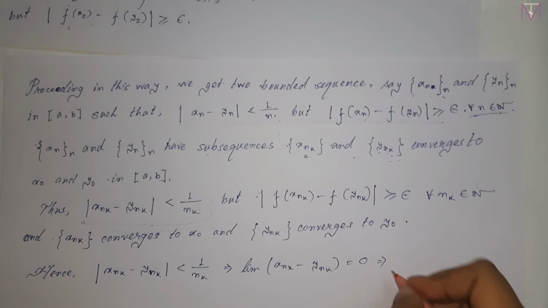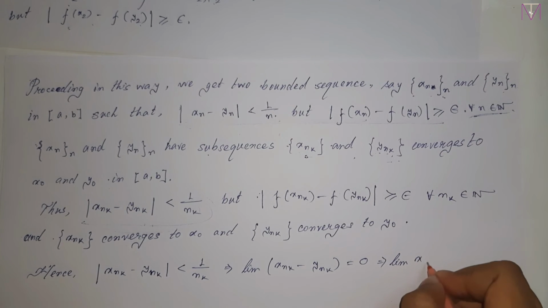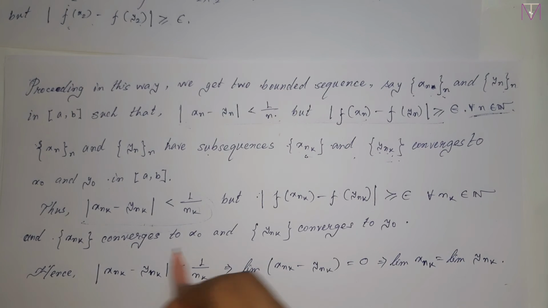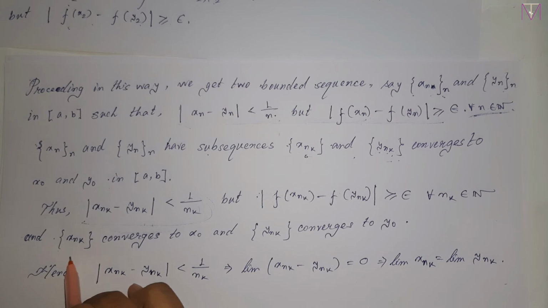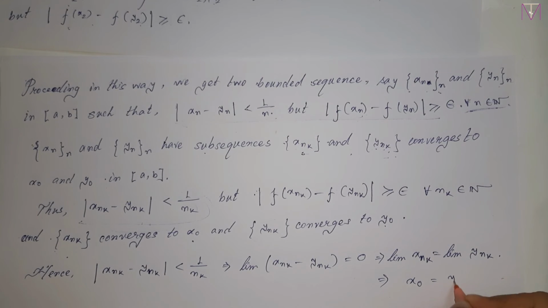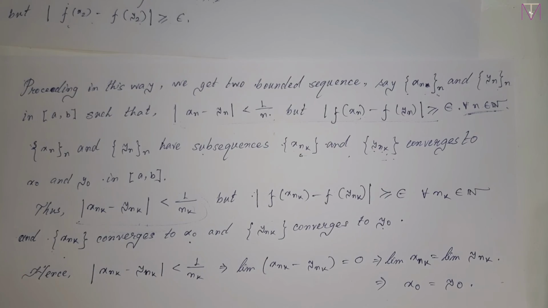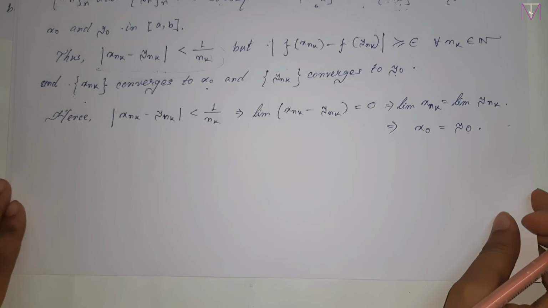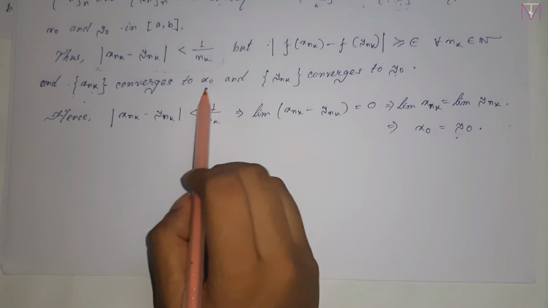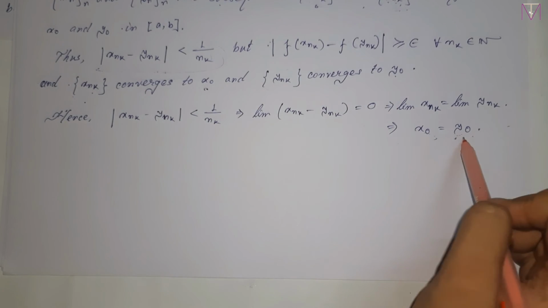Now using the property of limits, we can say the limit of xnk is equal to the limit of ynk. Here this sequence converges to x0 and this one converges to y0, so x0 is equal to y0. So we get that the converging points are equal.